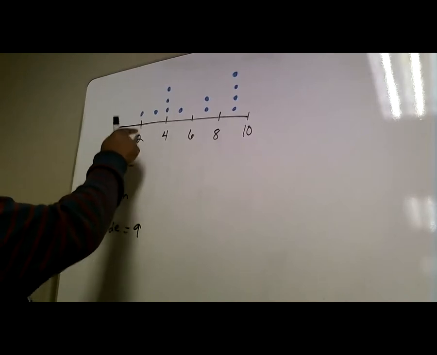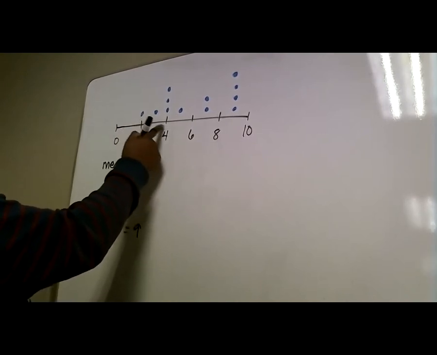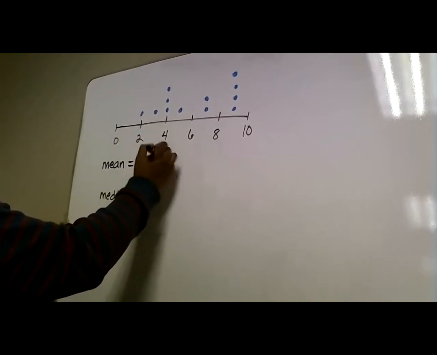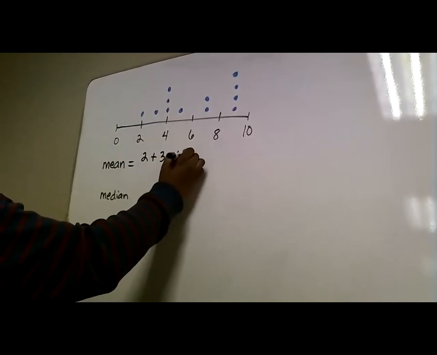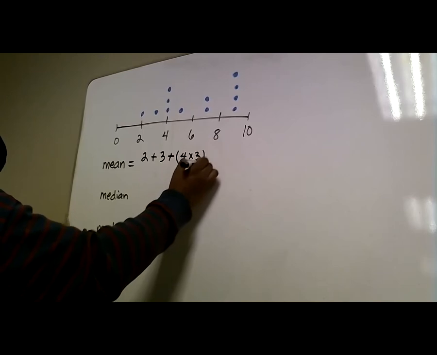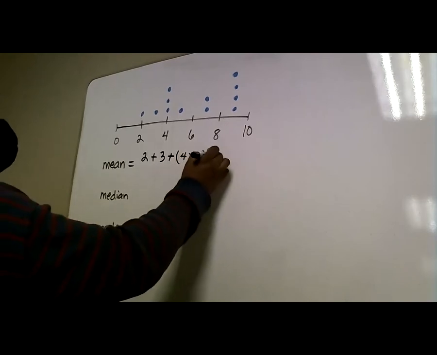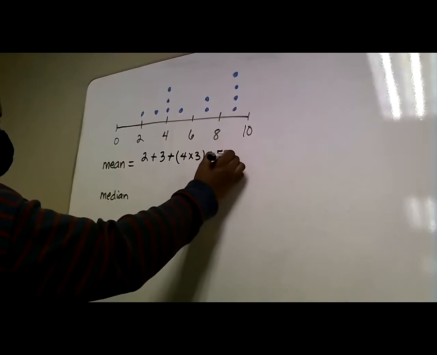In this case here, there's only 1, 2, plus, well, this is halfway between 2 and 4, so that has to be 3. This 4 has 3 dots. So I'm going to say 4 times 3. The 5 only has 1 dot there, so there's 5 there.